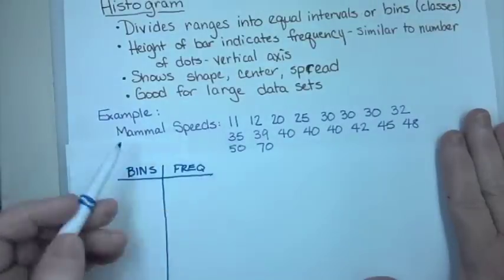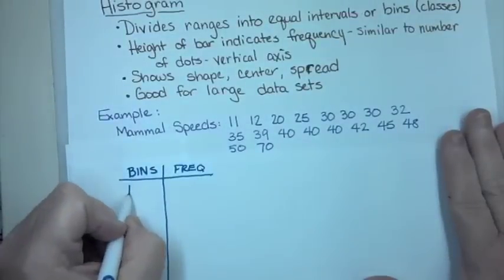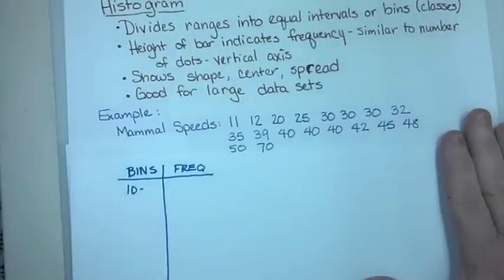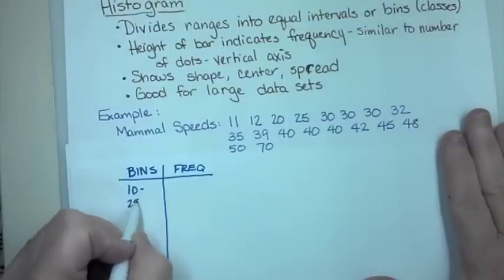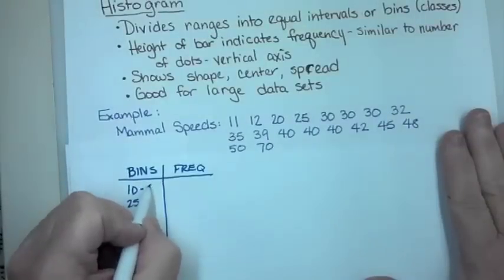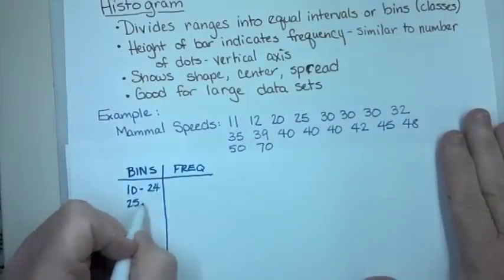So I'm going to start at 10 because I like using round numbers. 10 plus 15, go up 15. The next one would be 25, which means my bin before it ends at 24.